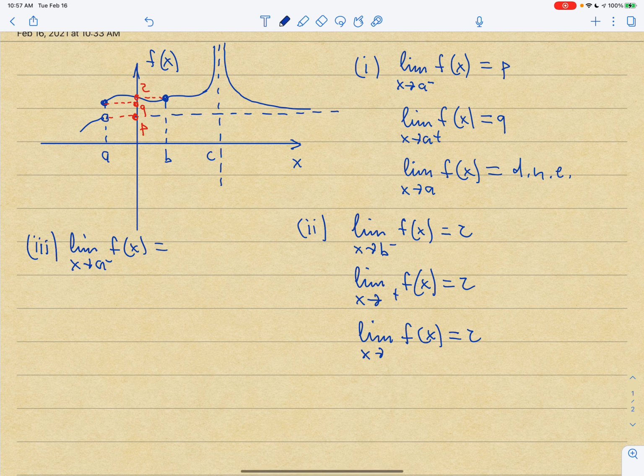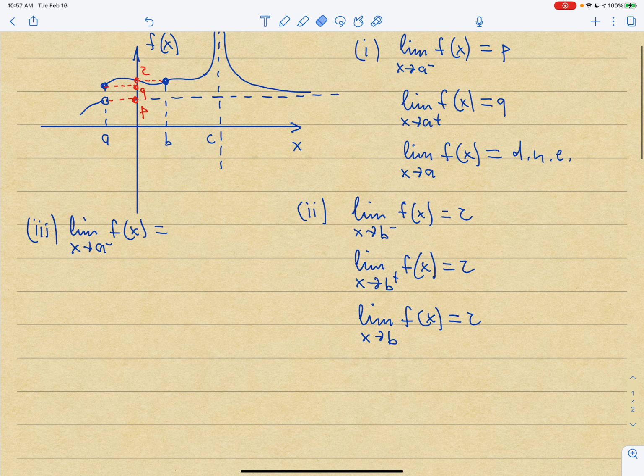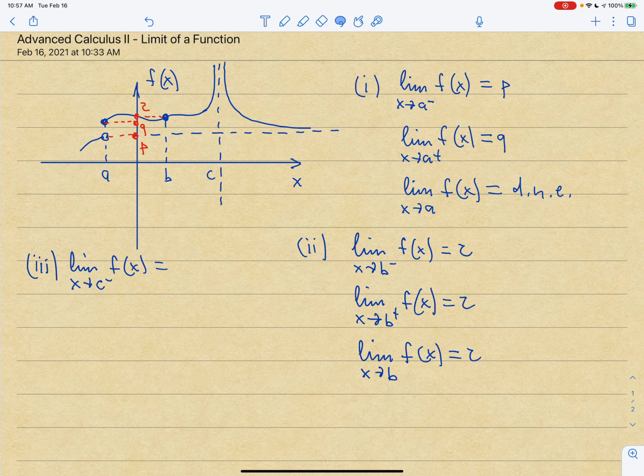B minus, B plus, and B. And in this case, it's C minus. So x gets close to C from the left. As x gets closer and closer to C, coming from the left, then what happens to f of x? Values of f of x become larger and larger. So in this case, we'll say that the limit is equal to infinity.